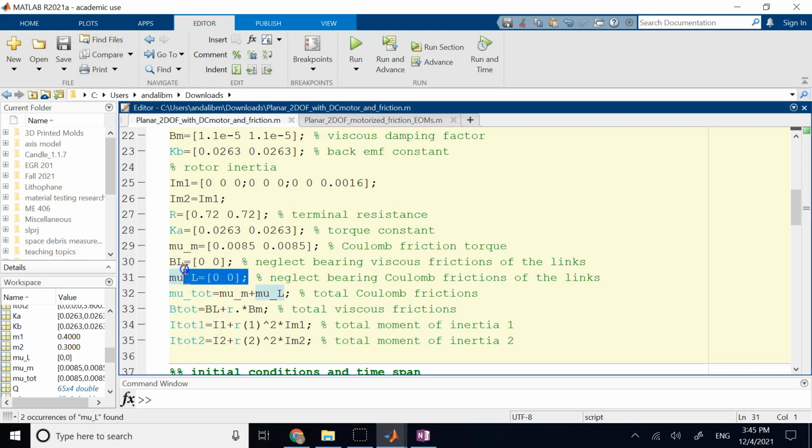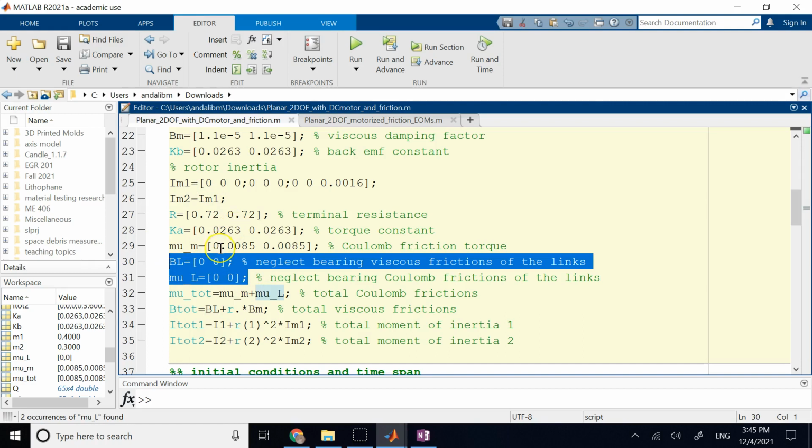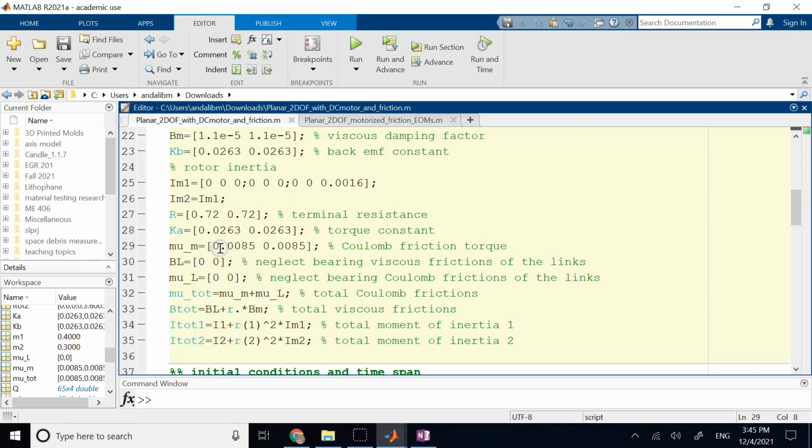In this case, I neglect them. I assume that all the friction is only on the shaft of the motor and not separately on the link, so I just neglect them. You can, if you want, choose small numbers for them. I don't have exact data on it, so I just neglect it in this case. It's not gonna be a huge effect.